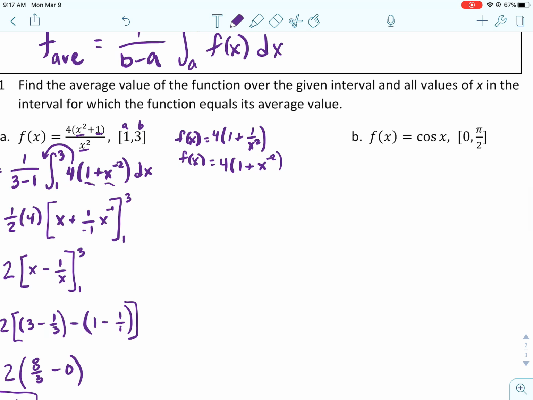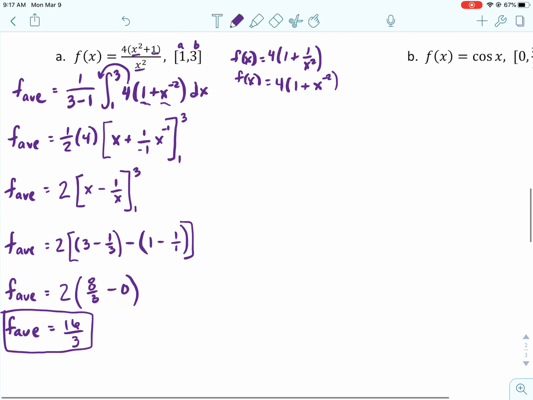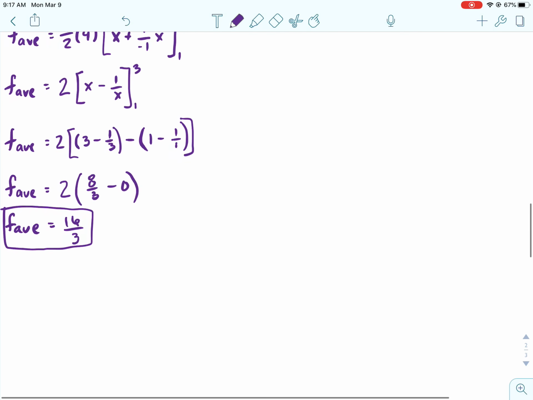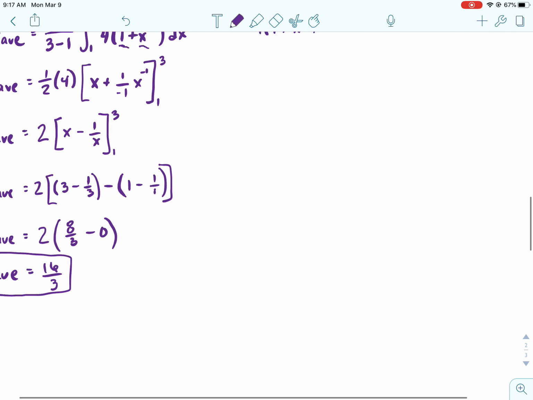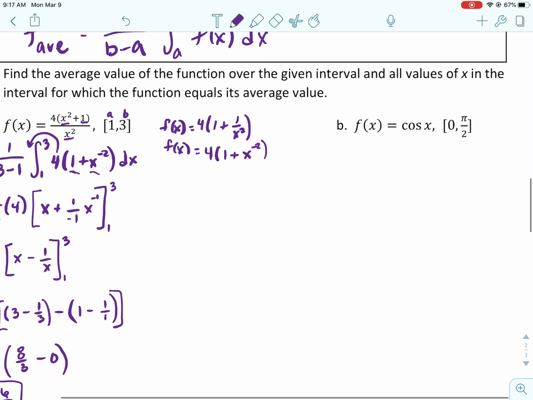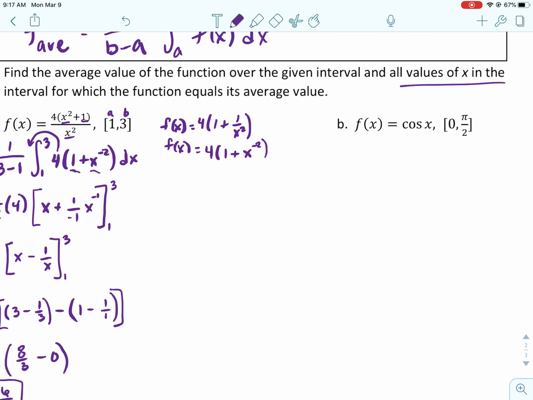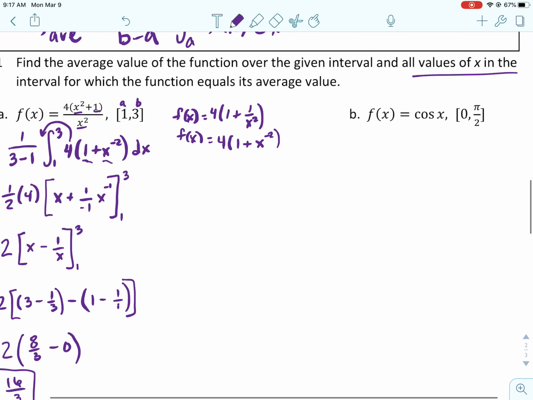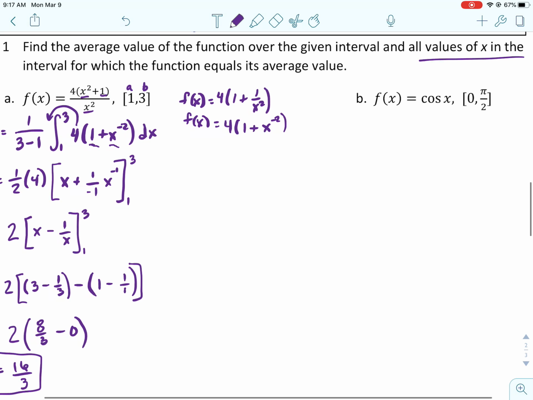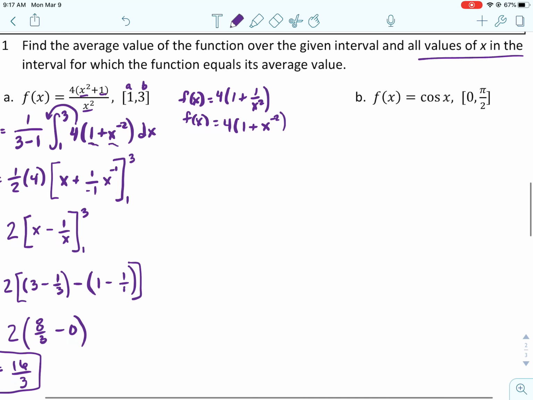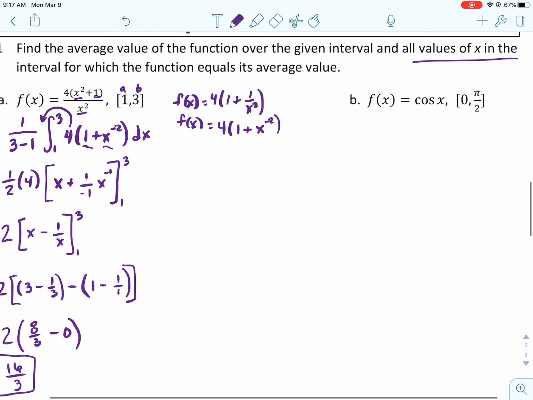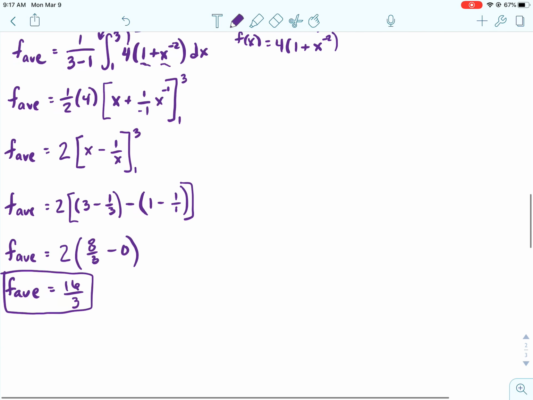That was the mean value theorem. So for integrals, they're saying that there's a point where the function actually equals the average value of the function. So we're going to find when that happens. So we're going to find all the values of x in the interval for which the function equals its average value. And that's pure algebra.